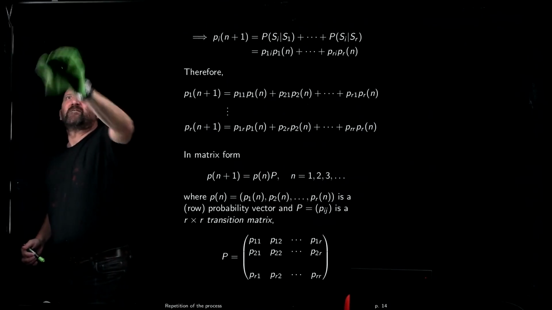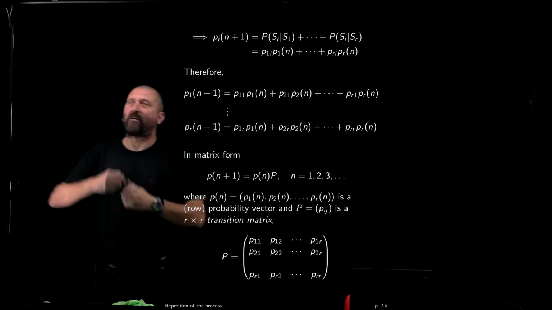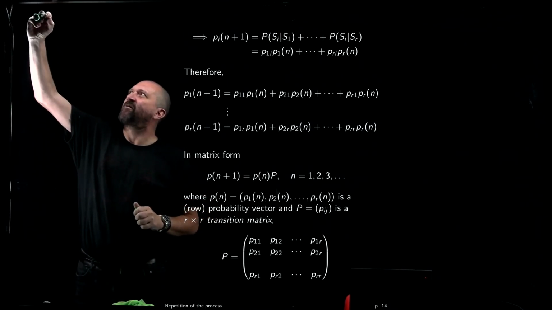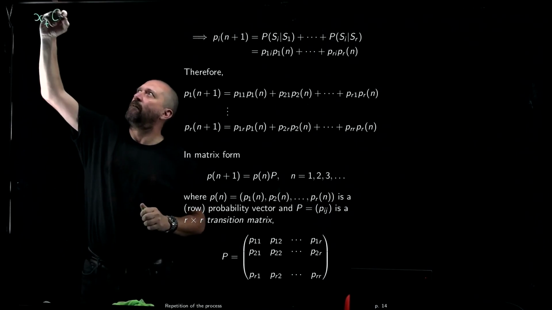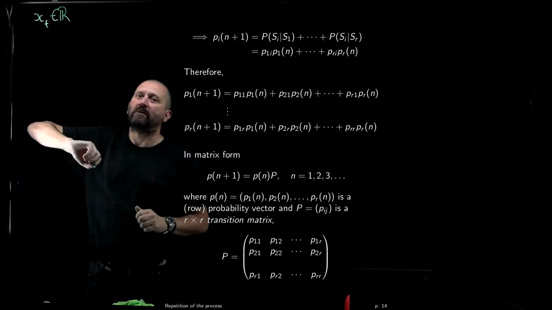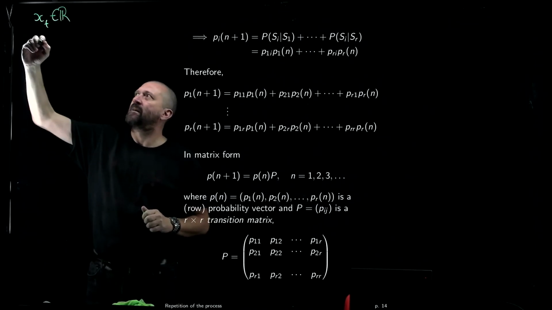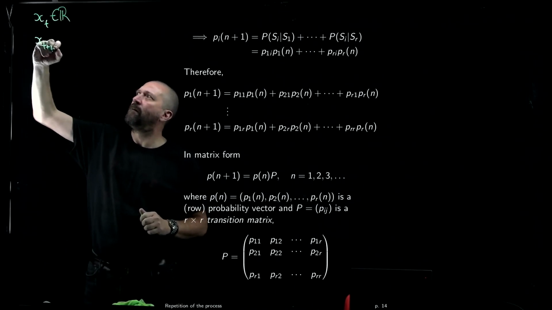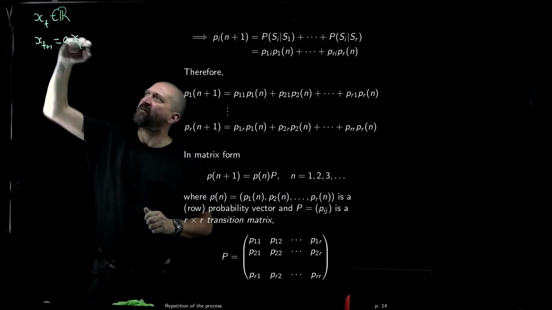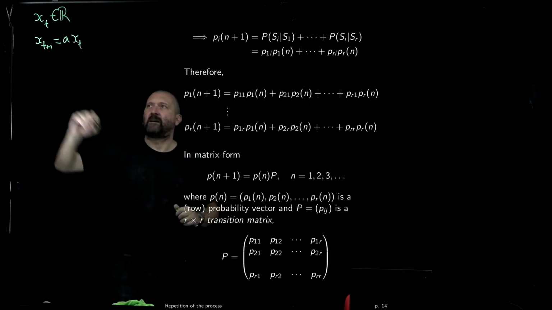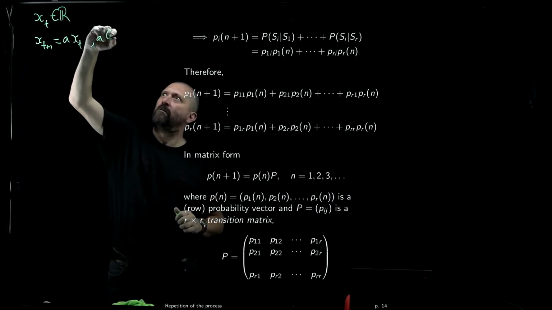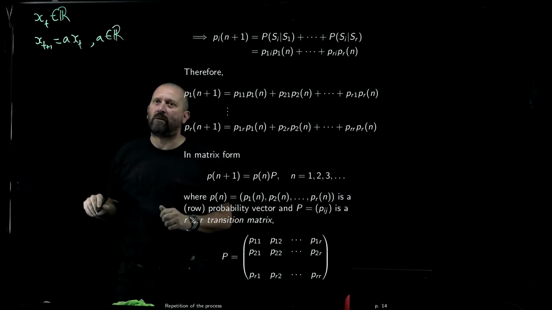Let me finish erasing. You had something like this where x of t was a real number, and then you said something like x of t plus 1 was equal to a times x of t, where a is also a real number.